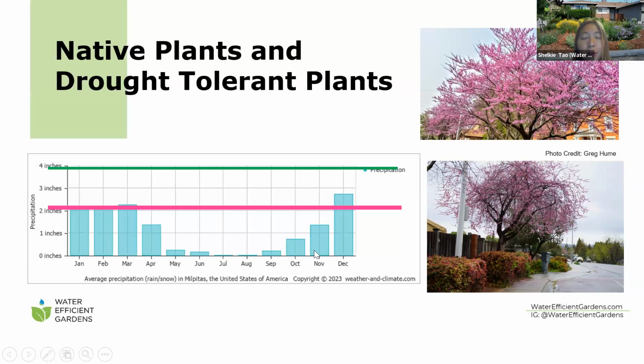There is another huge benefit of using native plants: they can support the local wildlife, and with that have a very big biodiversity benefit. So for these 2 reasons, we should always try to go to native plants as much as we can.